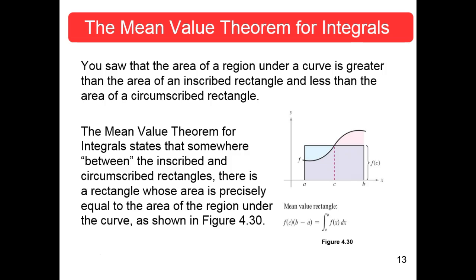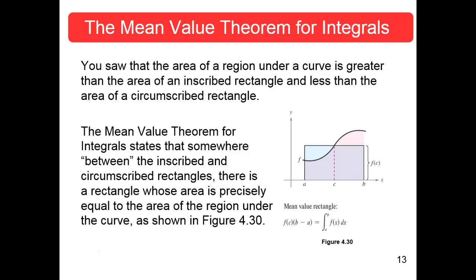Well, if this is your curve here, and it looks to me like that may be your maximum value there. If you drew a circumscribed rectangle, that would be that. The inscribed rectangle would be the one down here, that's completely under the curve. Okay?